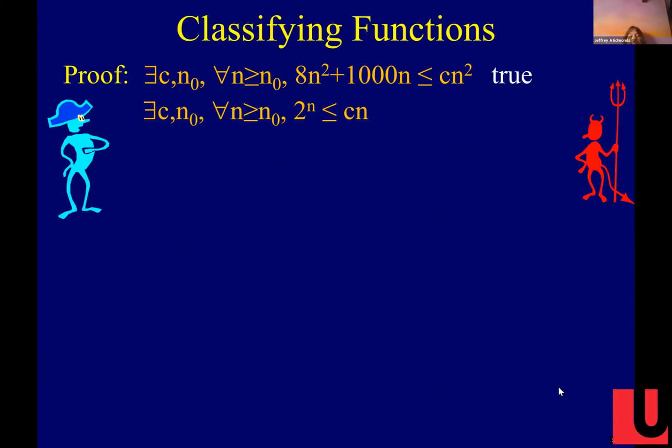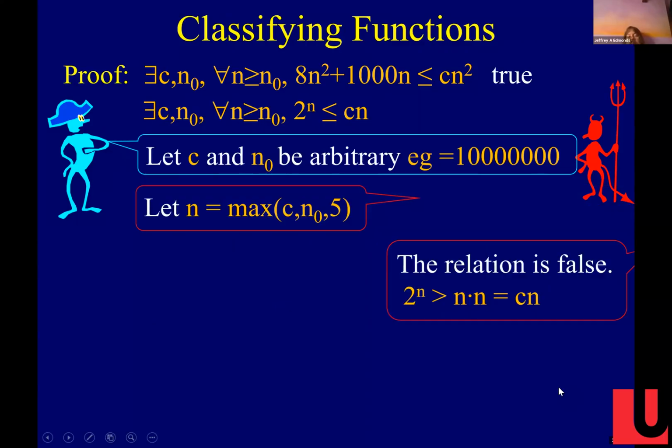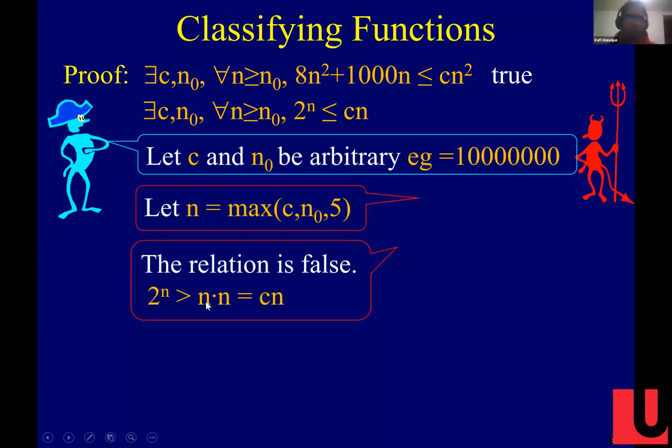Everybody with me here? 2 to the n is bigger than n squared as long as n is bigger than 5. So I made it bigger than 5. And then n times n squared is bigger than c times n. Why? Because I made n bigger than c.